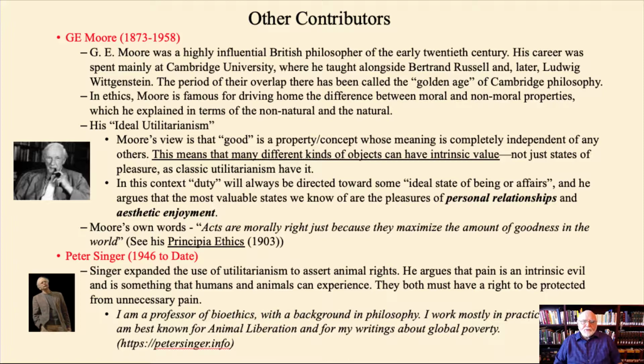Now, there's one more contributor that we should note, and that's G.E. Moore. This is a 20th century British philosopher from Cambridge. He brings to the fore a slightly different twist, which comes up in some discussions.